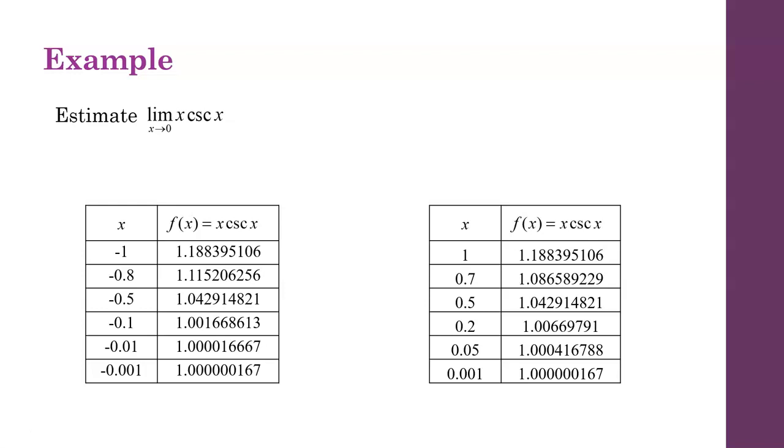If I estimate it, I can tell you it is 1. I can't tell you it is exactly 1 unless I get even closer to 0, and maybe in future chapters we'll find algebraic ways that this could be evaluated. But for now, we're going to just rely on these values and maybe look at the graph.